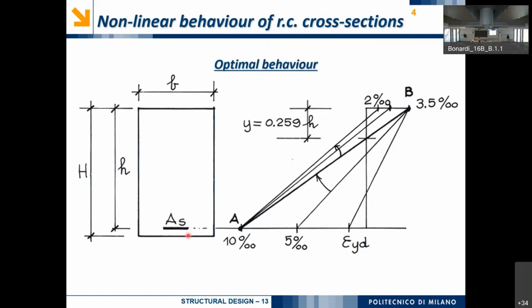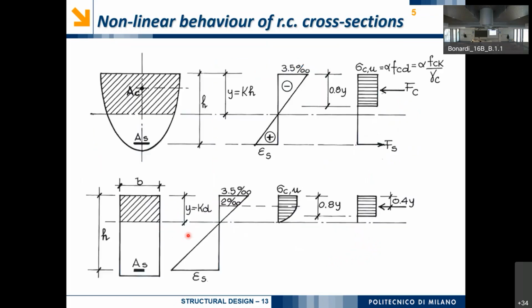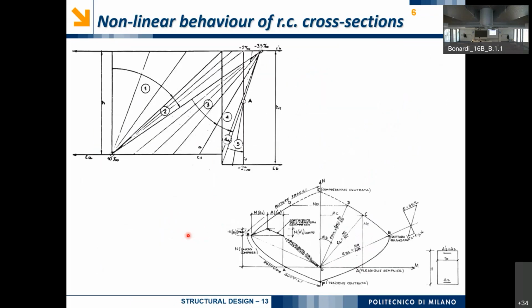If this happens, what we get is a brittle failure, so a sudden failure that is associated with very small deformation of the structure. That is something that we do not want, even if the structure is safe. But when we reach that failure, the kind of failure that we meet is, let's say, a bad one.